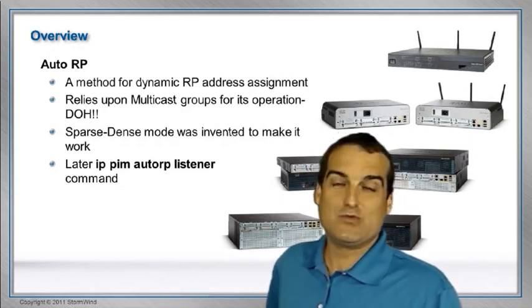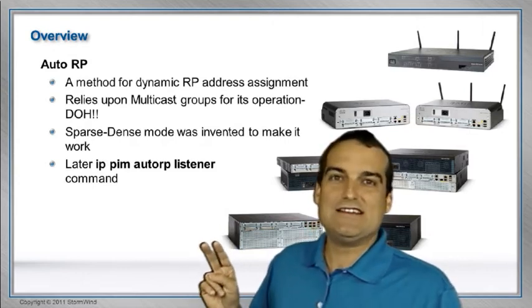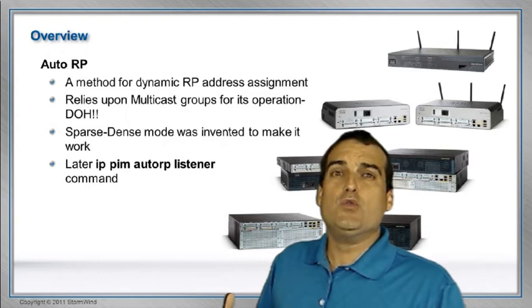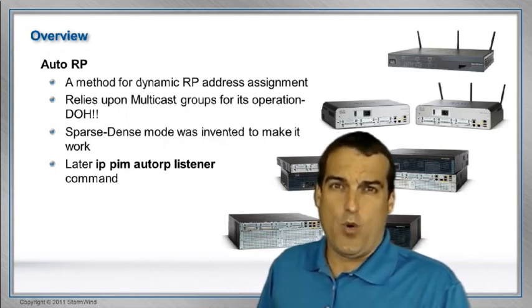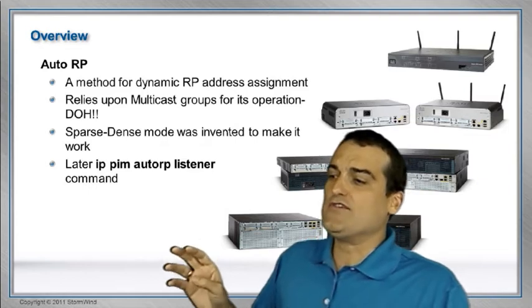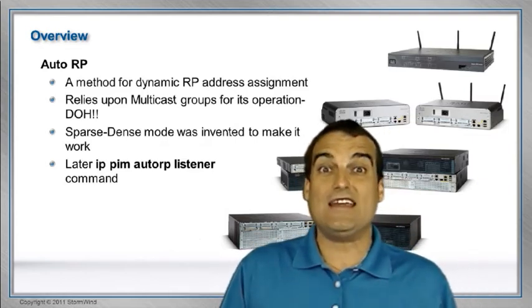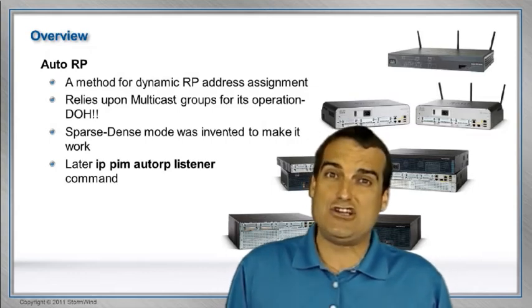And then everything else would run sparse. But here's the problem with sparse-dense mode. If you lose your rendezvous point or points, then all of the multicast traffic in your environment will start flooding in that dense mode of operation.